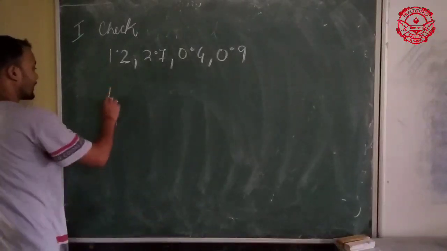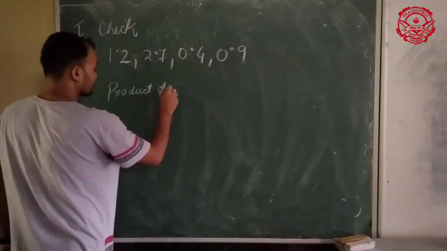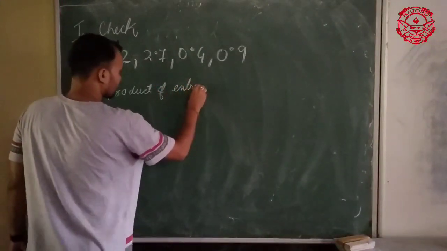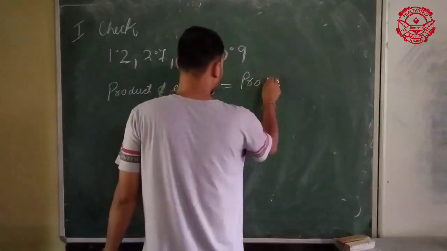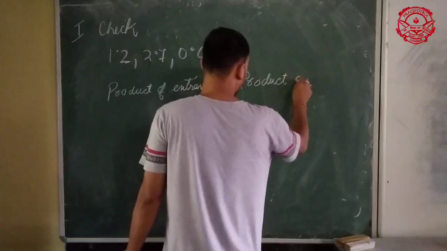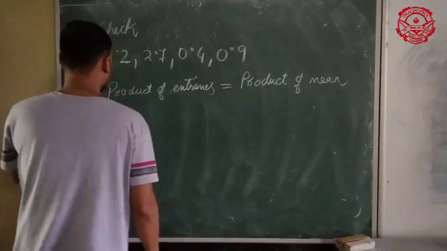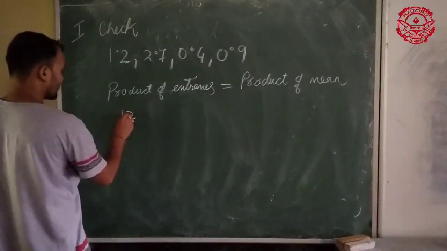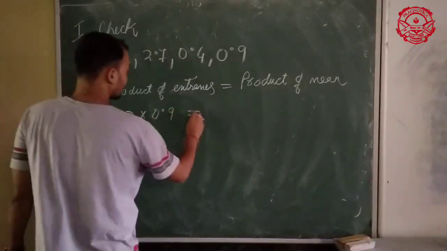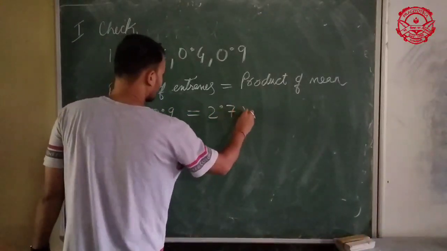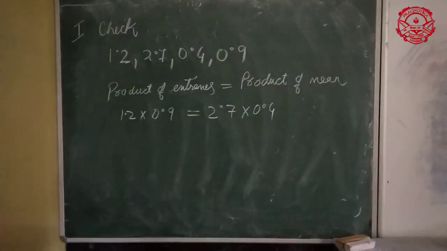Extremes are 1.2 into 0.9, and means are 2.7 into 0.4. We multiply this.